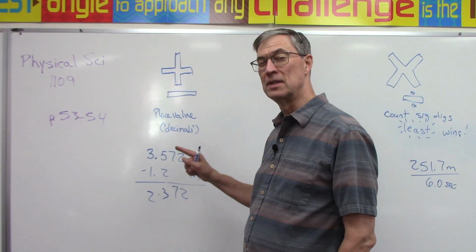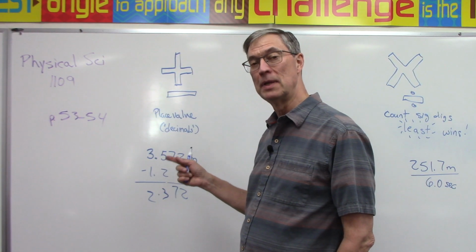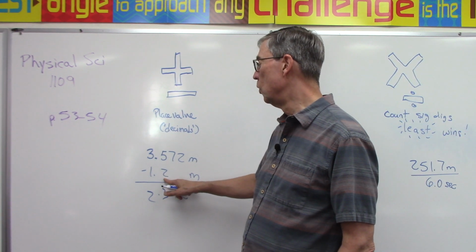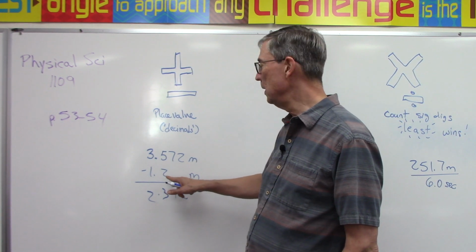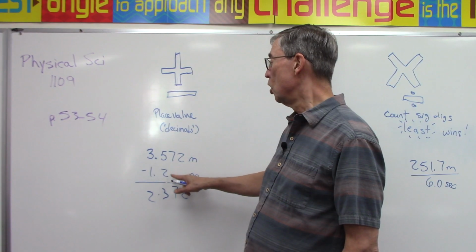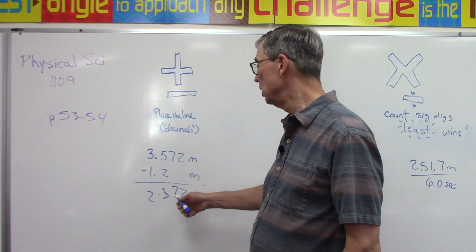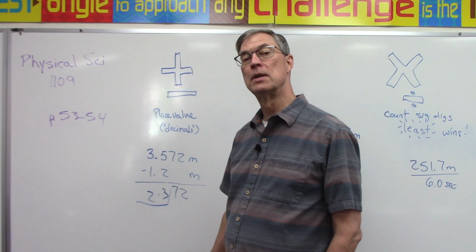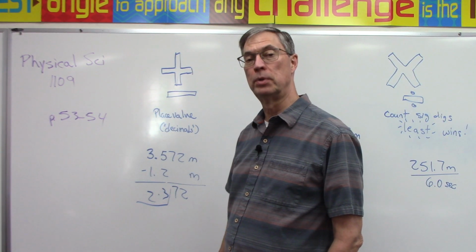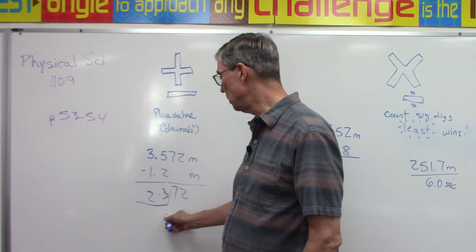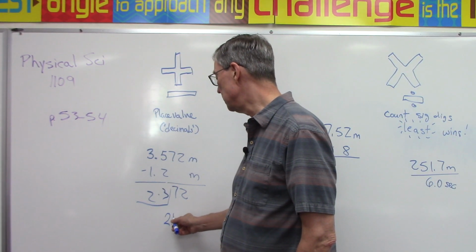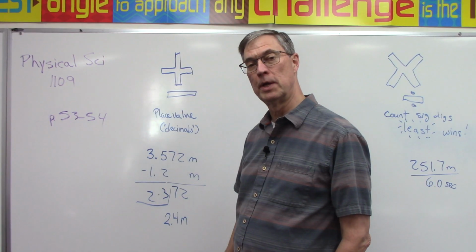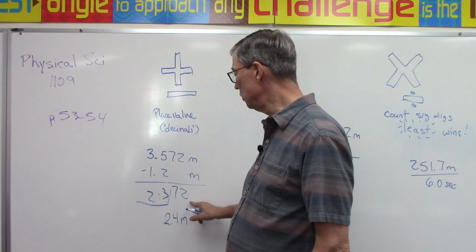Okay, so it has the least number of decimal places, so the place value is less, only one decimal place, okay? So we're going to round our answer to right here, the nearest tenths place. So in this case, our answer is going to be 2.4 meters, okay? So we do the math first.